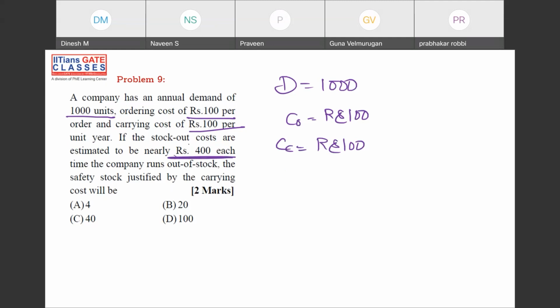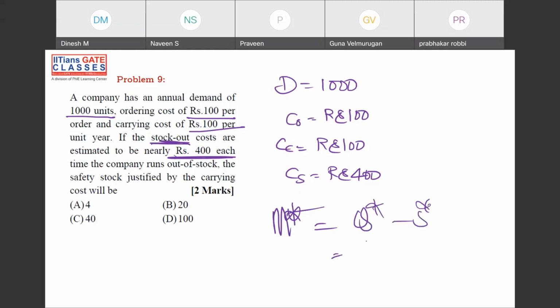But stock out means shortage, is it not CS? The safety stock carried is justified by the carrying cost. Safety stock is M star, the maximum inventory, which they are trying to find out. M star is nothing but Q star minus S star, and we saw in the previous class that it is Q star into CS plus CC by CS.